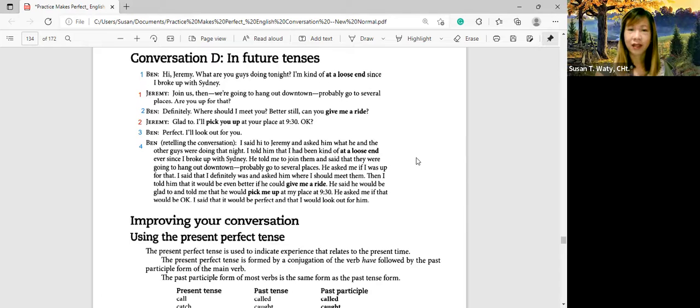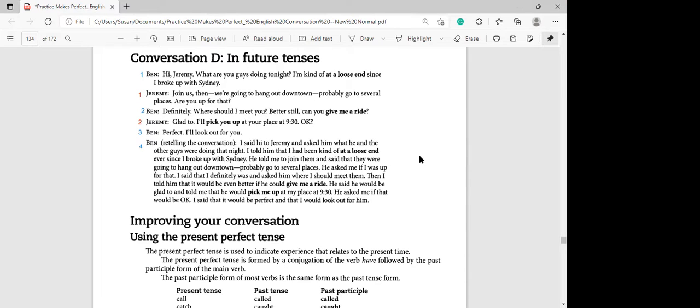I said hi to Jeremy and asked him what he and the other guys were doing that night. I told him that I had been kind of at a loose end ever since I broke up with Sydney. He told me to join them and said that they were going to hang out downtown, probably go to several places. He asked me if I was up for it.